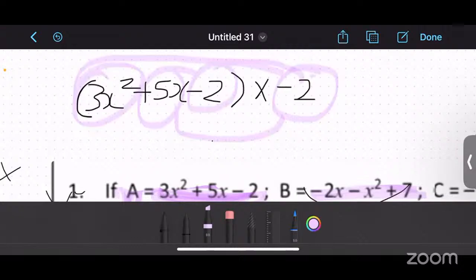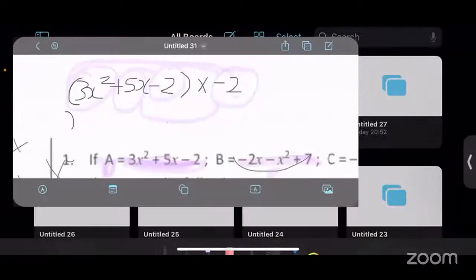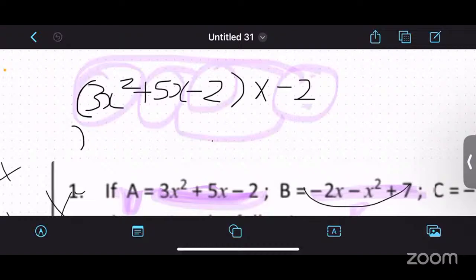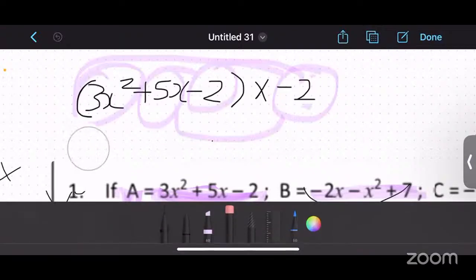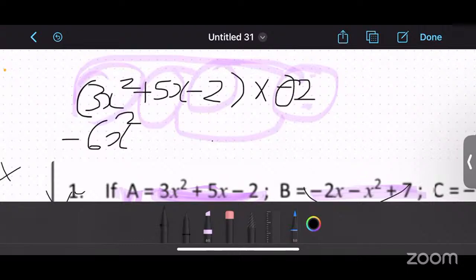Okay, so -2 multiplied by 3x squared is going to be 6x squared, because 2 multiplied by 3 is 6, but I have a negative here. So it's going to be a minus 6x squared. And then again, I'm going to multiply my -2 with the positive 5x, which is going to give me minus 10x.